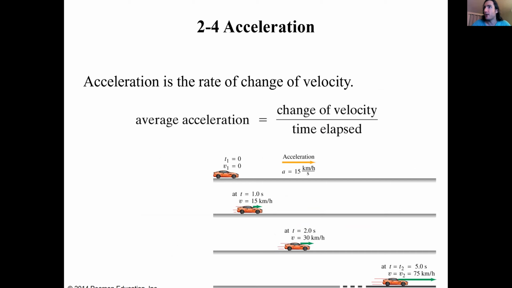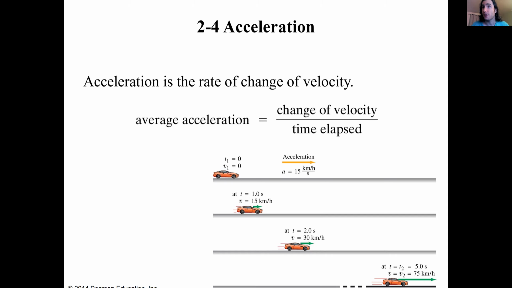Okay, and so just to reiterate one more time, average acceleration is the change in velocity divided by the time elapsed. That means you can take your final velocity and subtract your initial velocity and then divide that by the amount of time in which that change occurred. And that will give you your average acceleration for that time period. Now in this entire diagram here, we have a car which is accelerating with an acceleration of 15 kilometers per hour per second, okay?